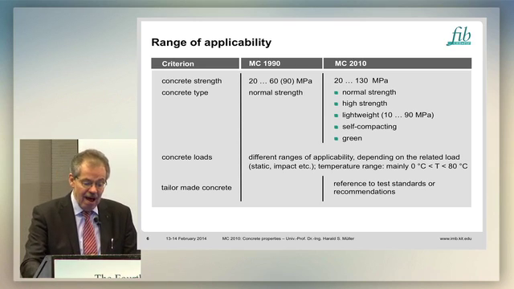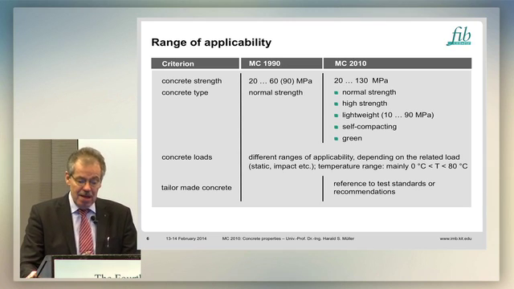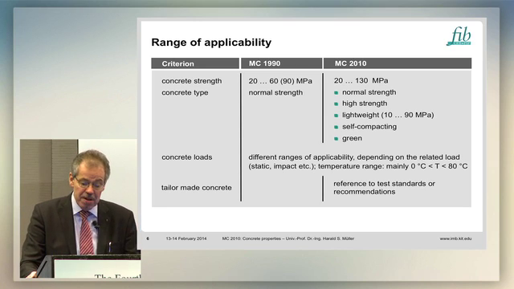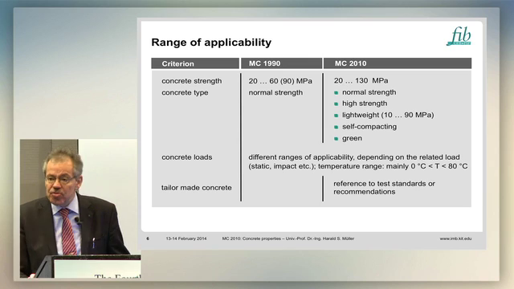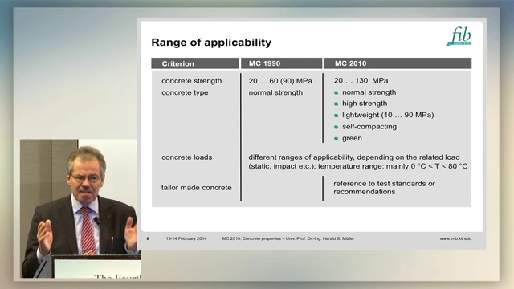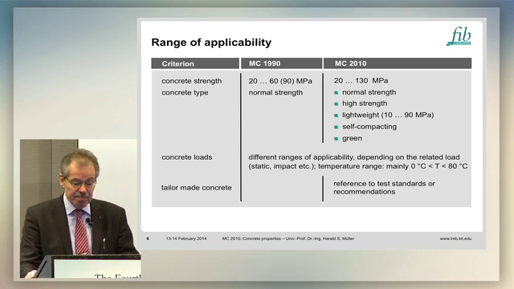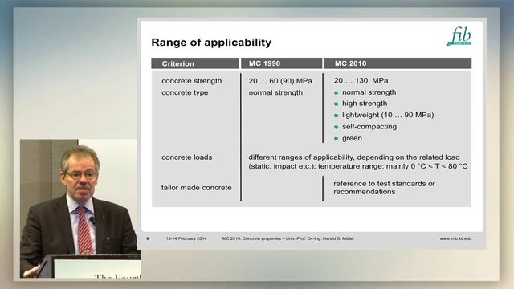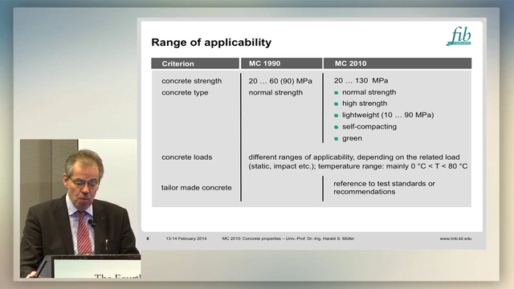Concerning the concrete type, not only normal strength concrete is dealt with, but the new Model Code is valid for high strength, for lightweight aggregate concrete, for self-compacting concrete, and we also tried to include as much as possible information which is reliable on green concretes. Concerning the concrete loads, both Model Codes, the old and the new one, cover the same.